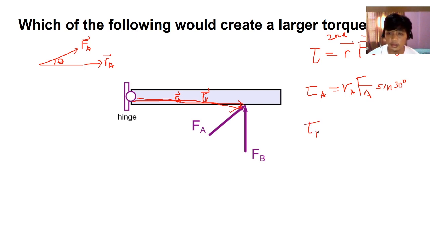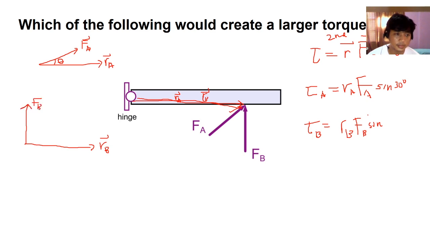And let's check out torque B. RB, FB. And now let's determine the short angle between RB and FB. So let's draw RB pointing to the right, and FB. Let's join their tails.